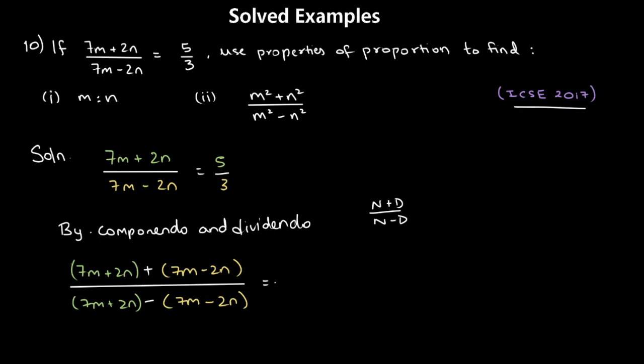And this has to be applied on both sides of the equation. So on the right hand side I have 5 plus 3 in the numerator, n plus d, divided by 5 minus 3 in the denominator, so n plus d upon n minus d, right?